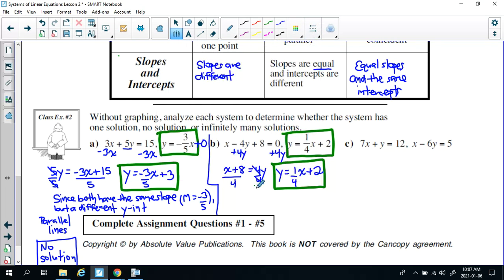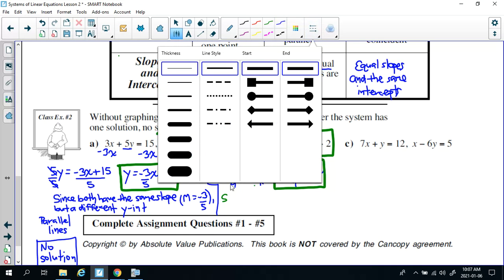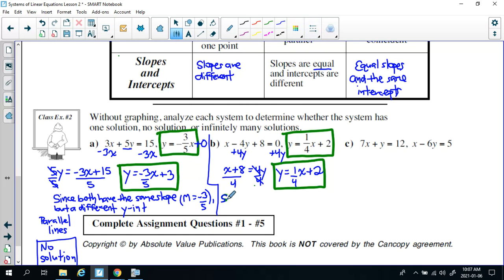So what we can say is, since both lines are the same, they overlap.